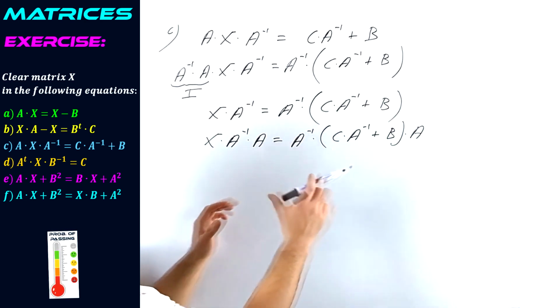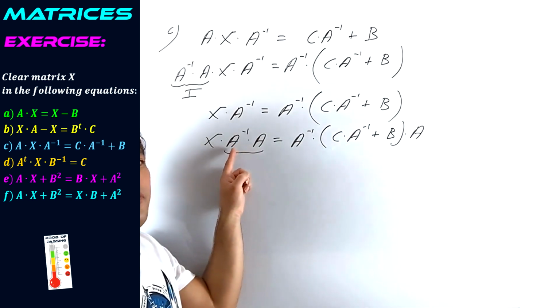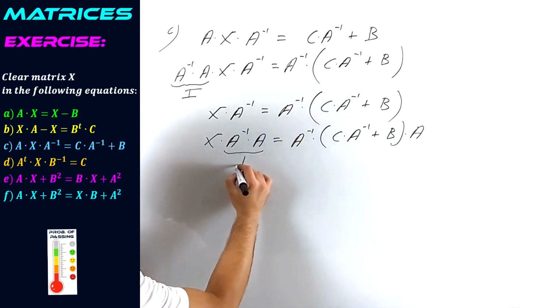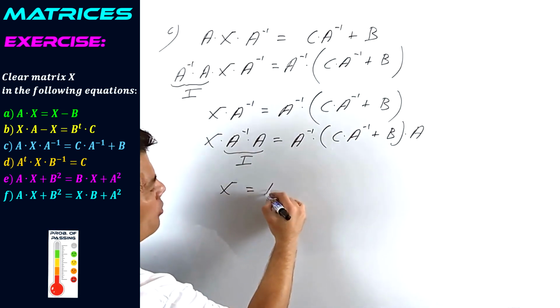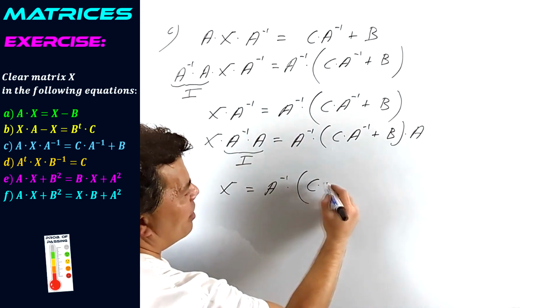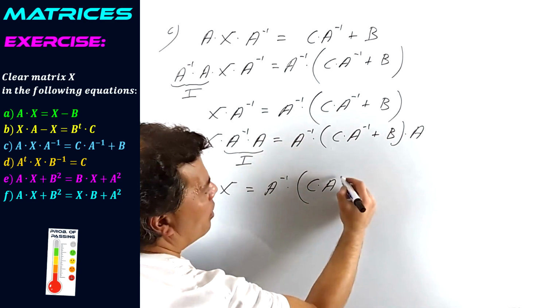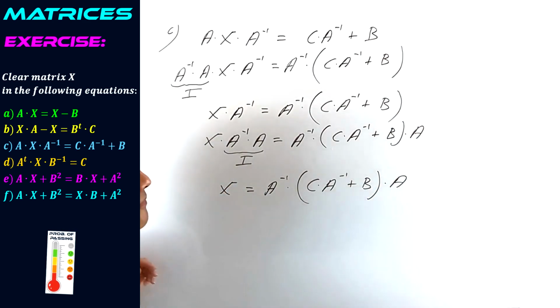Why? Because, as you already know, every matrix multiplied by its inverse is the identity matrix. So here we have the solution for our matrix X. A to the negative 1 multiplying C times A to the negative 1 plus B multiplying A.